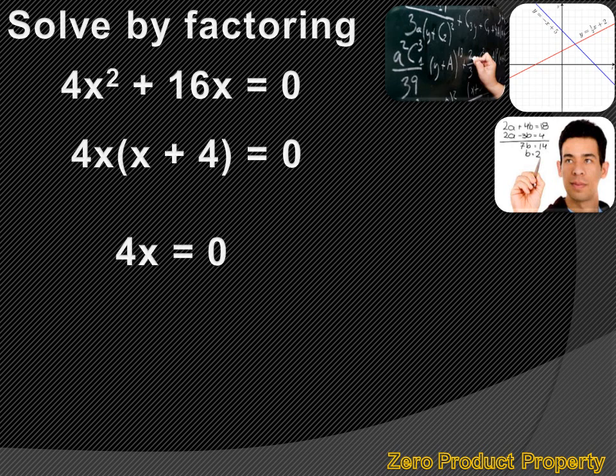And then I know that either 4x equals 0 or x plus 4 equals 0. If 4x equals 0, I divide both sides of that equation by 4 and I get x equals 0. If x plus 4 equals 0, I can solve for x by subtracting 4 from both sides of the equation, and I'll get x equals minus 4.